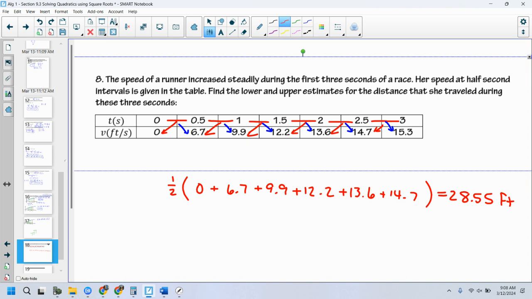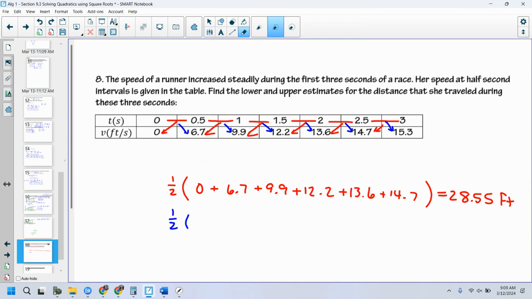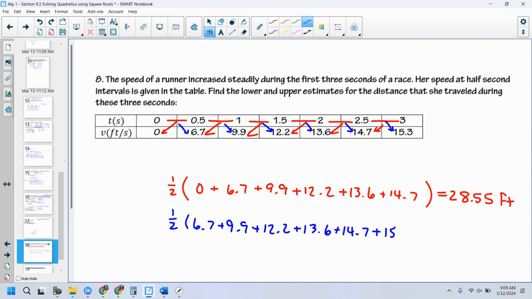Okay, let's do the blue approximation. That's 1/2 times, oh no, not the 0, excuse me. 6.7, 9.9, 12.2, 13.6, 14.7, and now the 15.3 is added in. I'm basically saying from this 1/2 second interval, we're going to apply 2 different speeds to that 1/2 second interval.